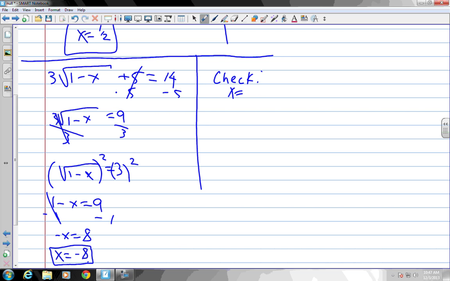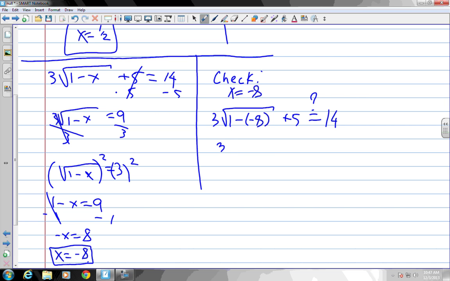So x equals -8. If I plug it back into the original problem, it's 3 times the square root of 1 minus -8, plus 5. Will that equal 14? And it looks like that's going to work, because a negative and a negative give you a positive.